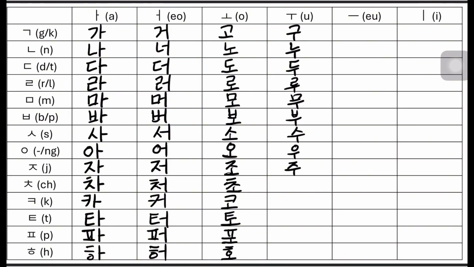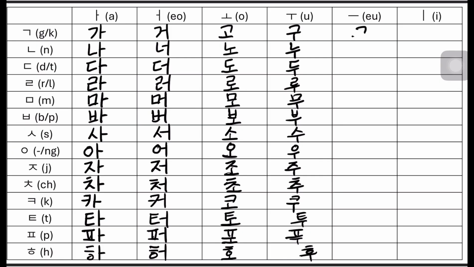J with U is ju. CH and U is chu. K and U is ku. T and U is tu. And P and U is pu. The last one, H and U is hu. Okay, now EU.